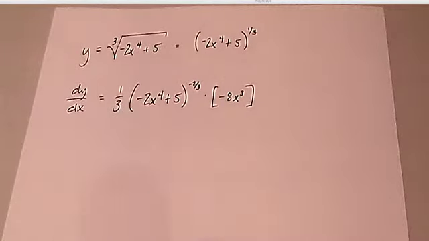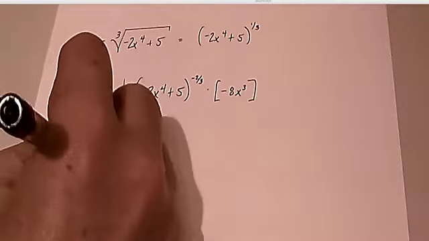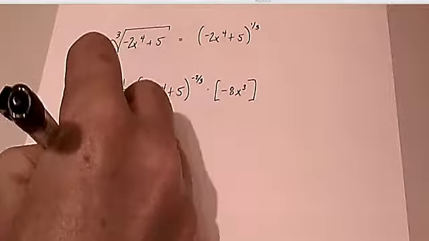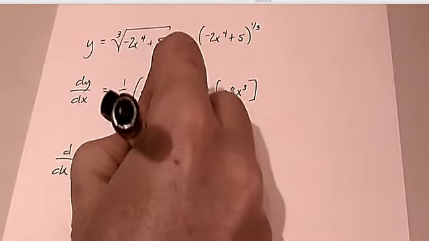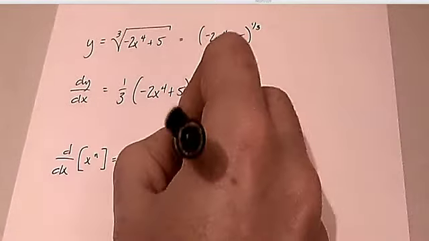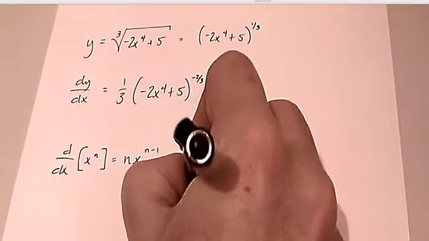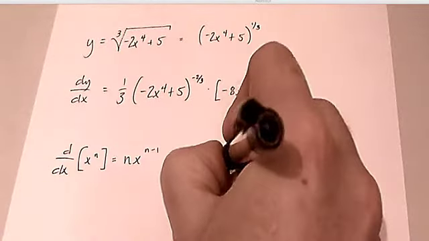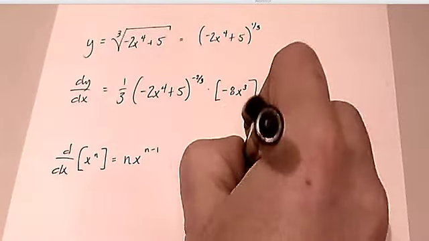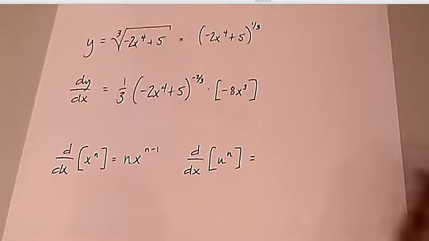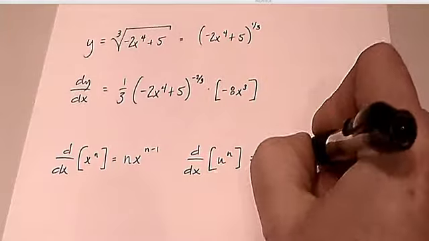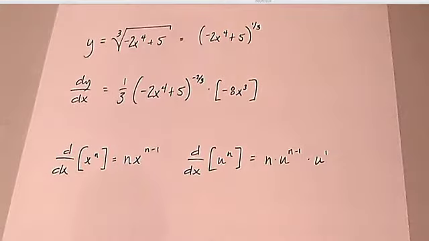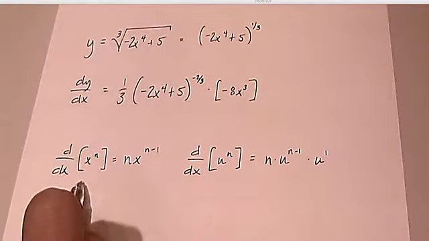The power rule was simply the derivative of x to the n becomes n x to the n minus 1, right? Well, the general power rule is some function u of x, right, is n times u to the n minus 1 times u prime, okay?